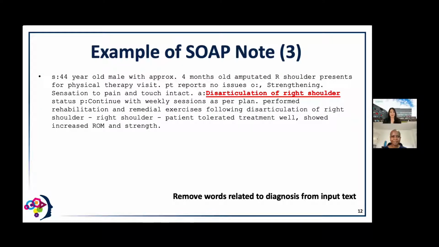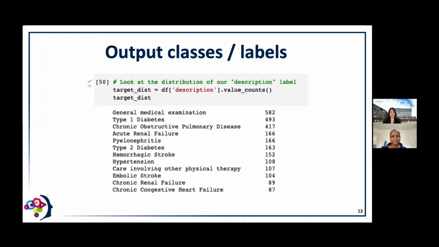And here's another example of a patient that has a disarticulation of the right shoulder, and another example that we will be removing because this would be the actual diagnosis itself. So we're going to see if the model can figure out the diagnosis based on everything else, all the rest of the text in the note.